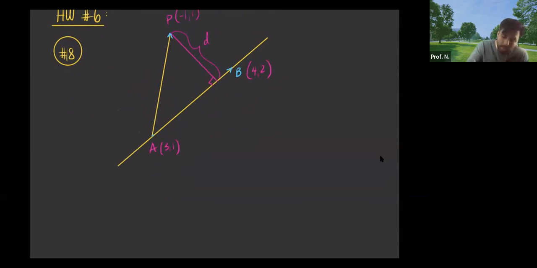This little segment here is the projection of the vector AP onto the vector AB. So this segment here is the projection of this vector along this vector.